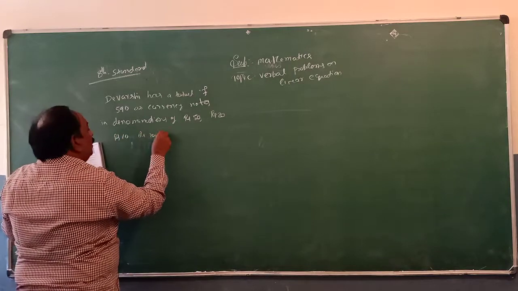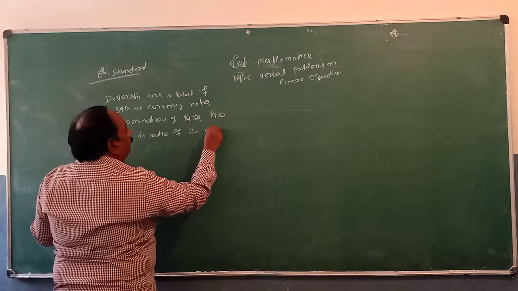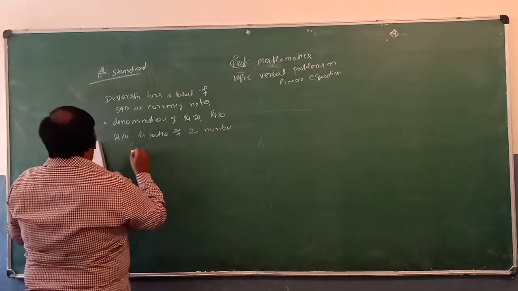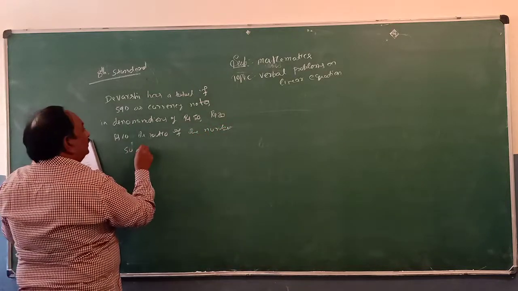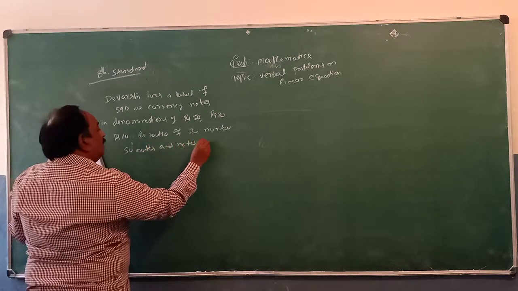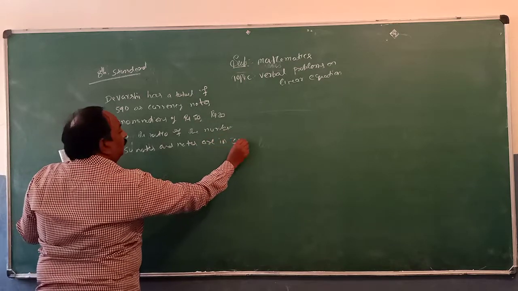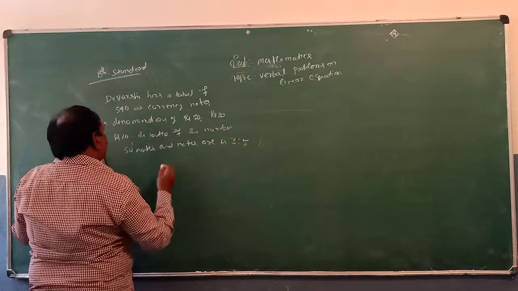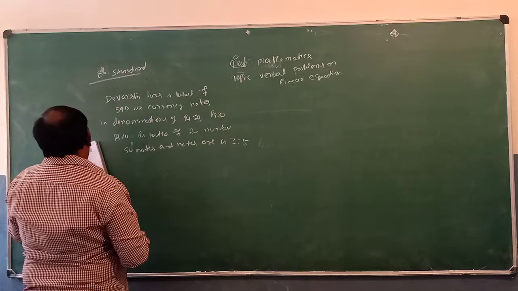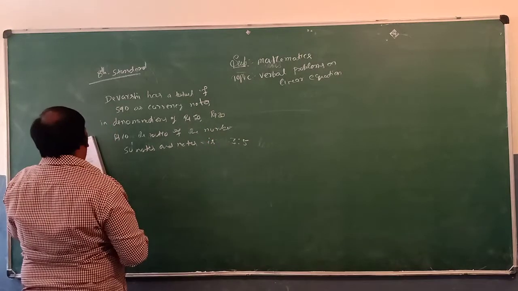The ratio of the number of 50 notes and 20 notes is 3:5.